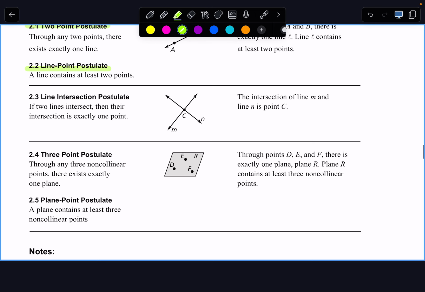Sorry. Okay. 2 lines will always intersect at exactly 1 point. Nothing else can happen. If 2 lines intersect, their intersection is exactly 1 point.